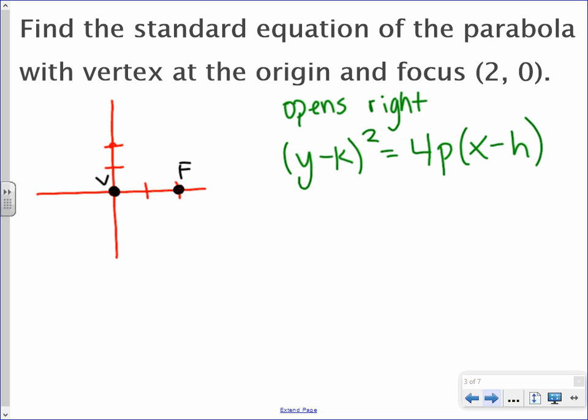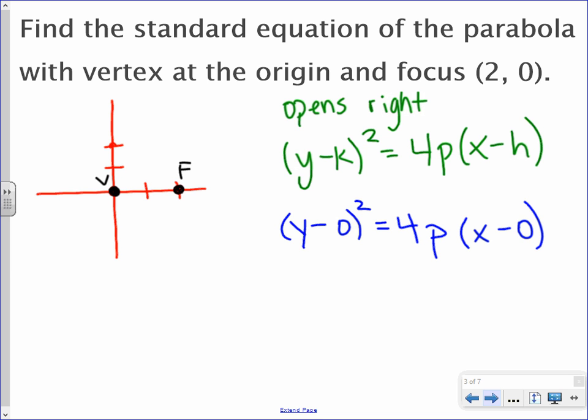Will, do we know h and k? What are they? 0 and 0. Okay, since our vertex is at 0, 0, then we know k and h are 0.